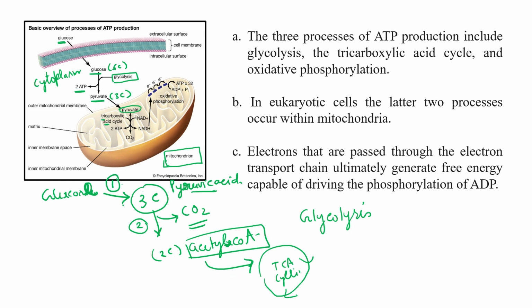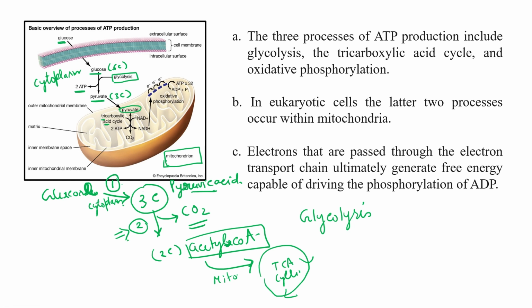This is the main cycle which continuously follows its steps inside the mitochondrial matrix. So this occurs in mitochondria and glycolysis occurs in cytoplasm. That's why this process is known as the link reaction, because it acts as a link between two main cycles.